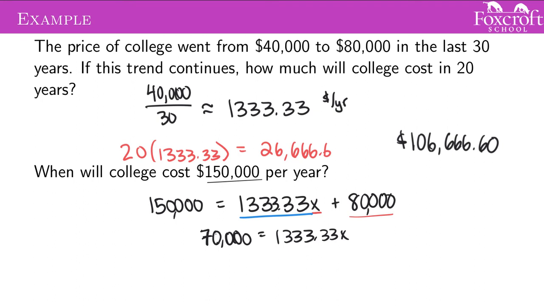So I know College is going to cost $150,000 when the increase is $70,000, and that increase is going to happen. I'm taking 70,000, dividing it by 1333.33, and I get 52.5. All right, so in 52 and a half years, college would cost $150,000 per year.